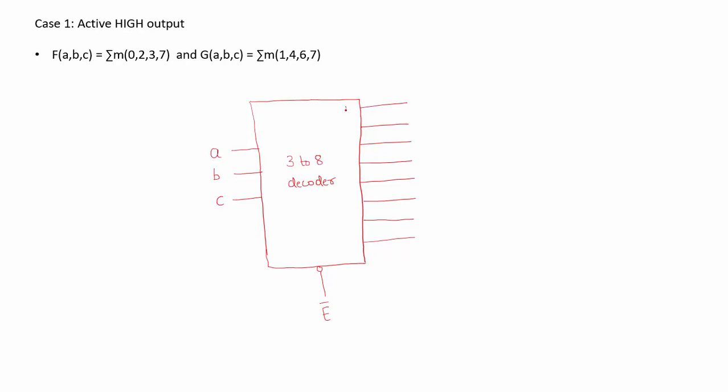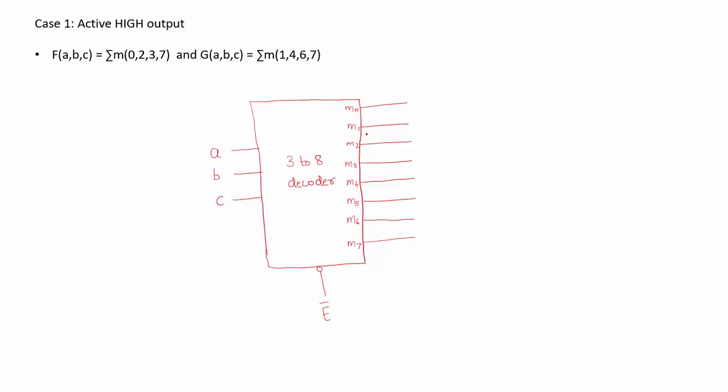So this will be M0, M1, M2, M3, M4, M5, M6 and M7, and function f is 1 for minterm 0, 2, 3 and 7.